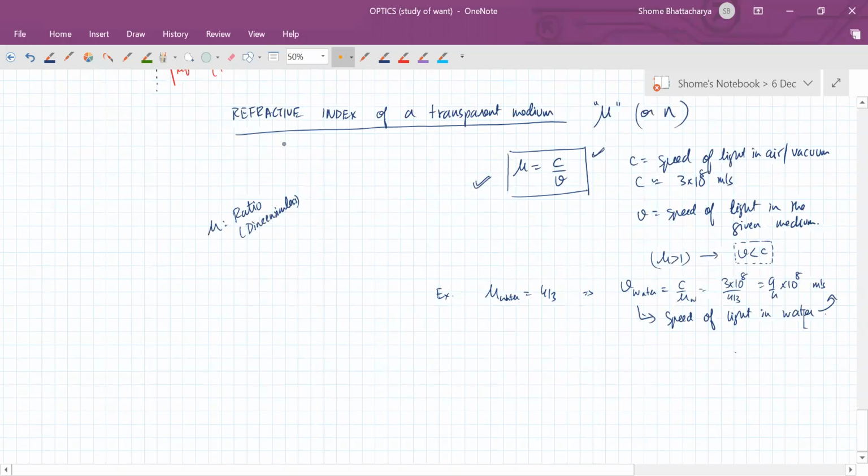Now this is also called the absolute refractive index of any medium. That is defined like this. Now sometimes you also define relative refractive index.